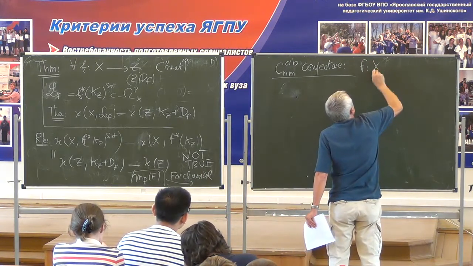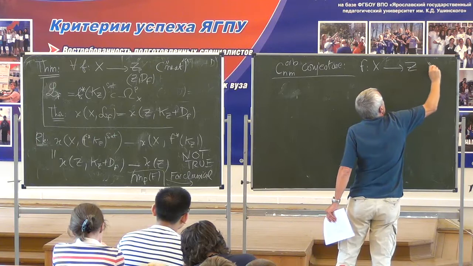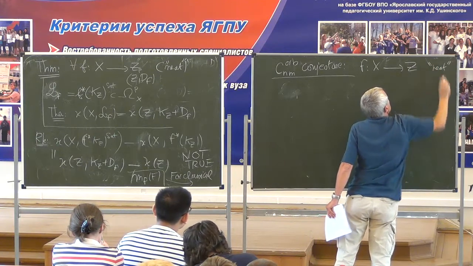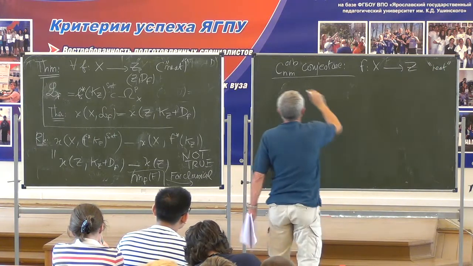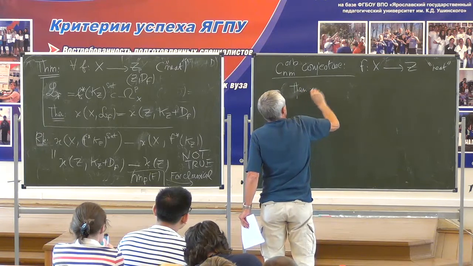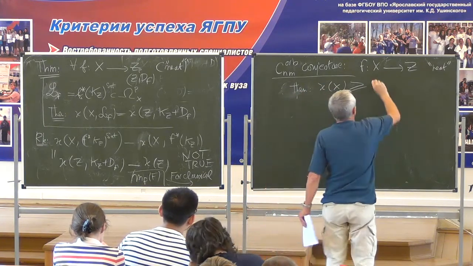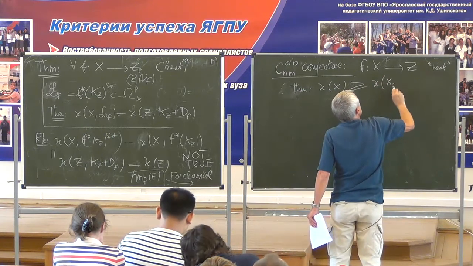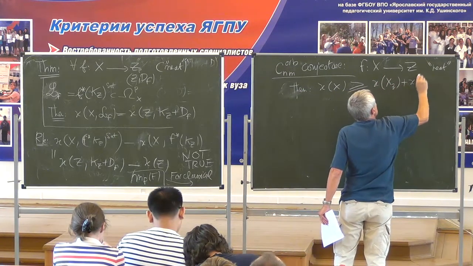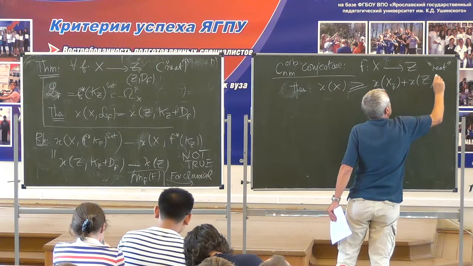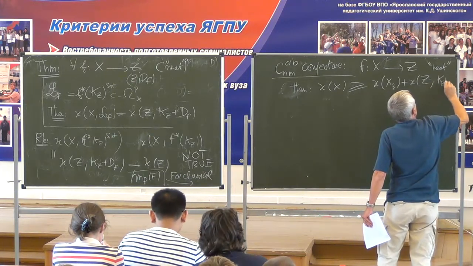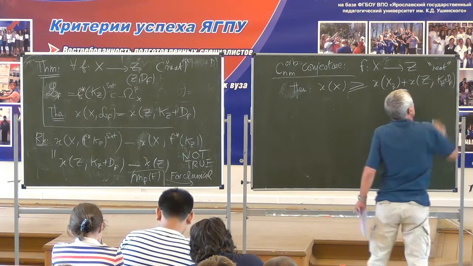Let f from x to z, and I assume it to be neat. Then kappa of x is greater than or equal to kappa of x_z plus kappa of z, and here I have kz plus df.